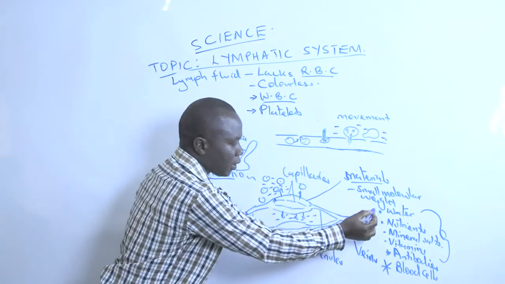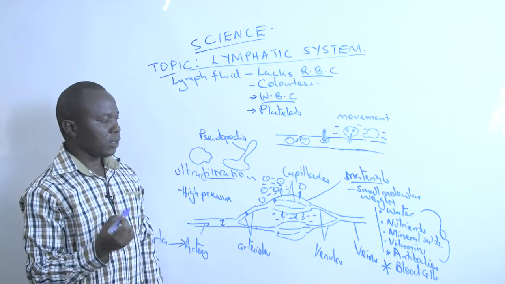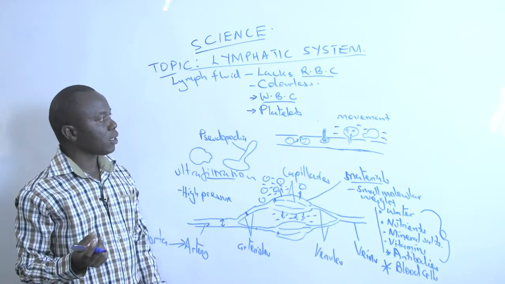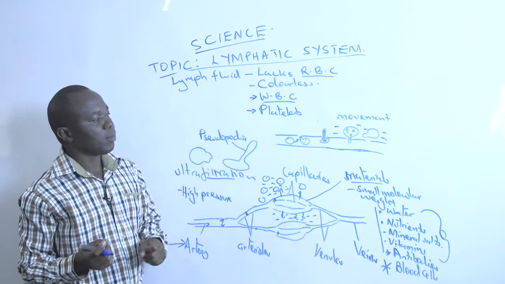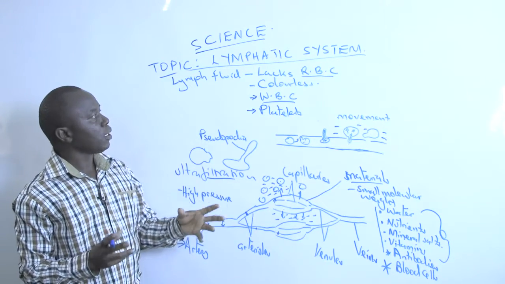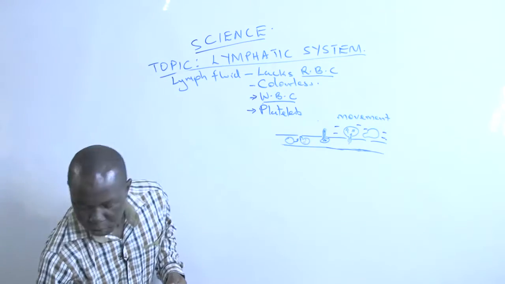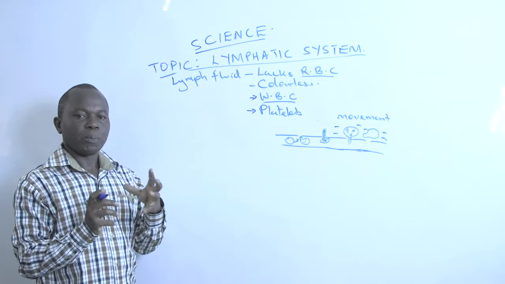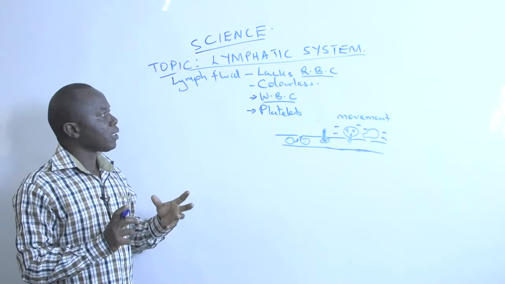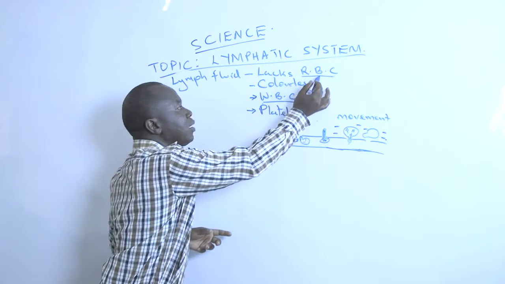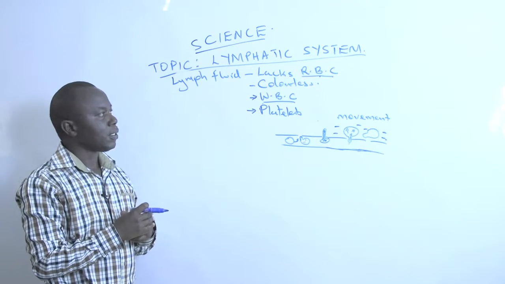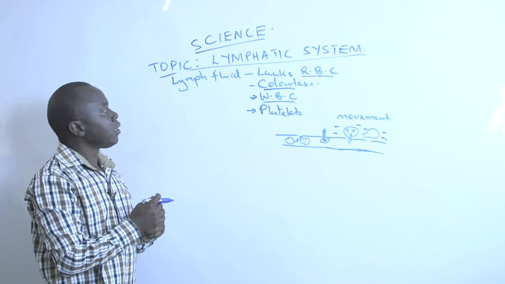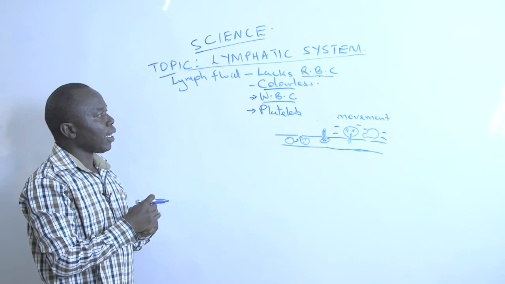But majorly, these are the materials: water, nutrients, mineral salts, vitamins, antibodies, and sometimes white blood cells and platelets forming the tissue fluid. So in essence, tissue fluid is just similar to blood plasma, but it majorly lacks the red blood cells. So because of that, we have emphasized the tissue fluid will be colorless.